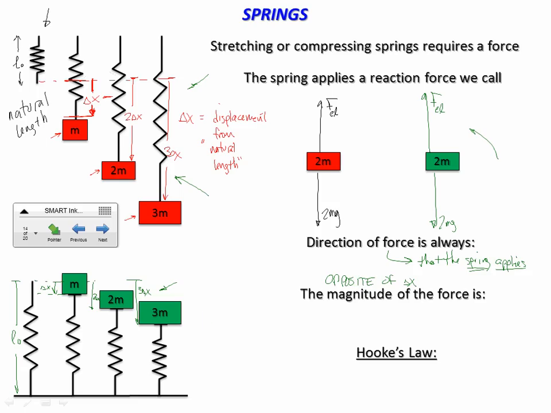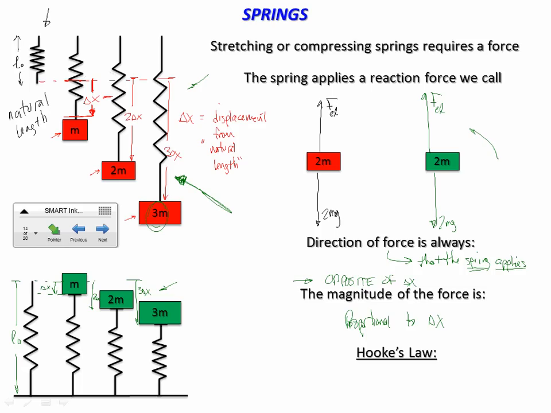And the magnitude of the force is proportional to delta x. Notice that in a case like this, when we stretch the spring 3 times as far, that's because we hung 3 times as much mass on it, which means the spring has to apply 3 times as much force back in the opposite direction.